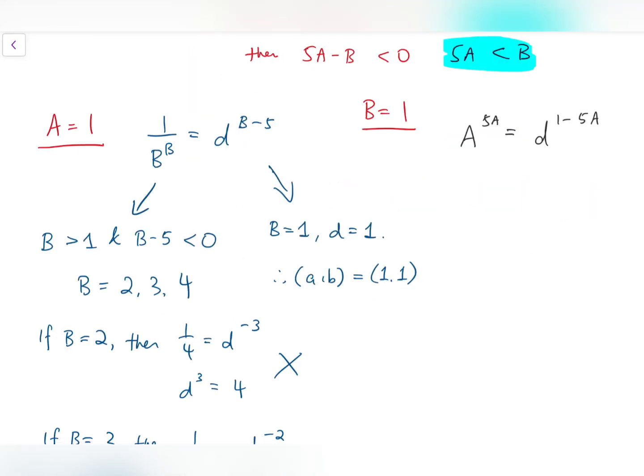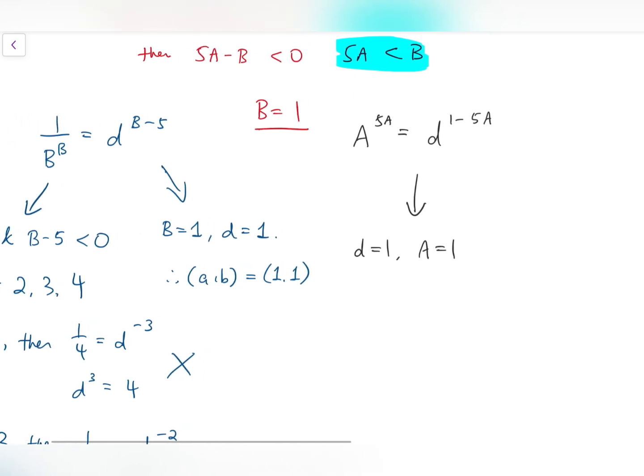Then from this we can say either d equals 1 and then big A equals 1, this is still valid, or if d is not 1, then since the left side is an integer, we must have d larger than 1 and 1 minus 5A is also positive.